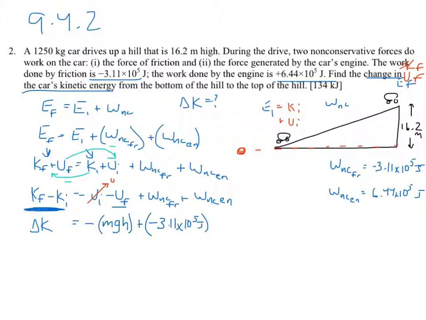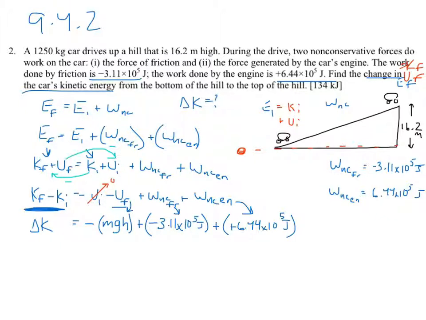That's how much energy friction robs from the system. What about this non-conservative work due to the engine? Well, that's a positive, plus a positive 6.44 times 10 to the 5th joules that the engine puts into the system.